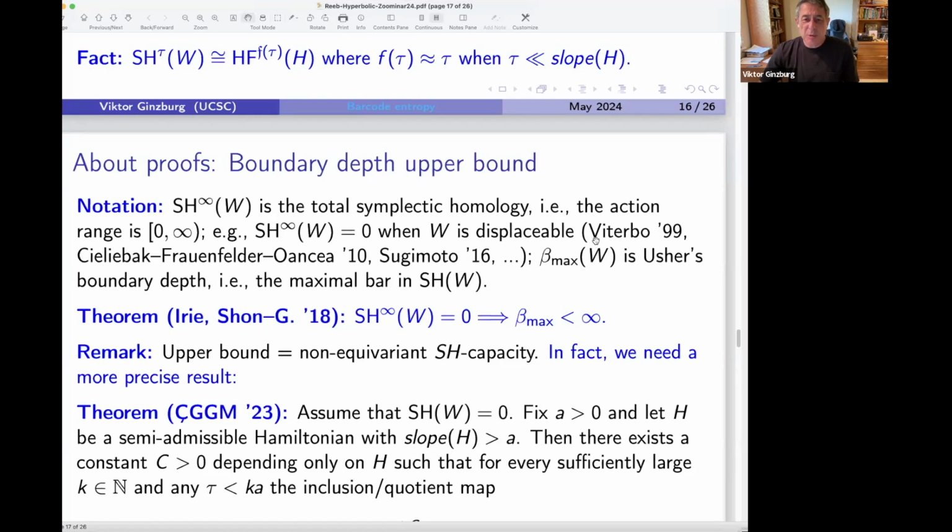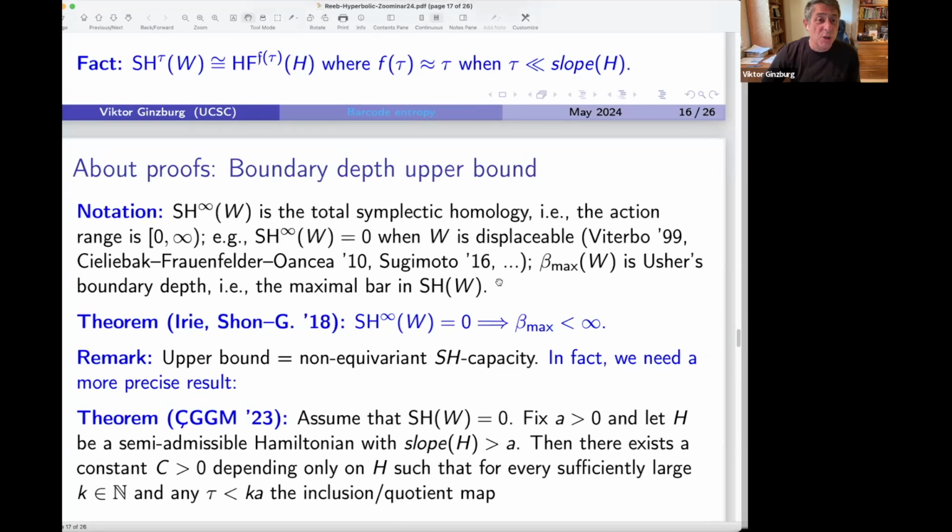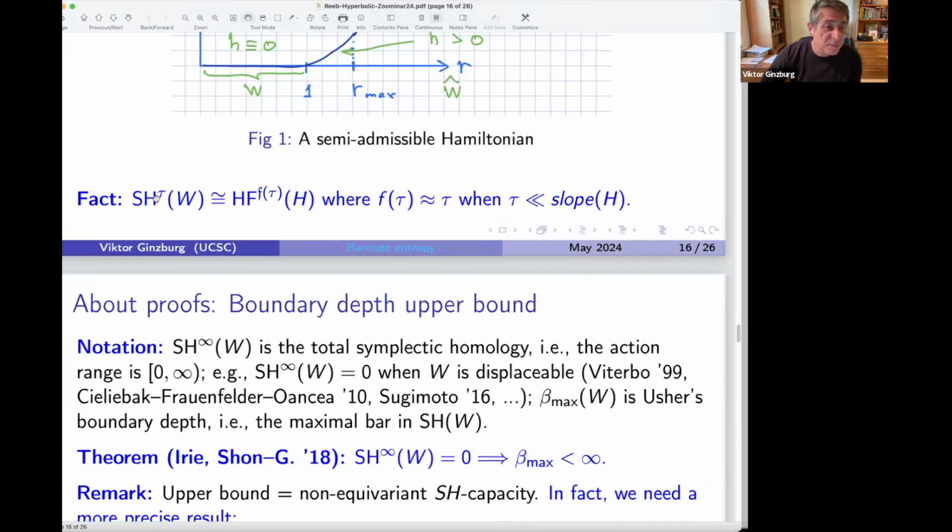Another ingredient we will need here is the boundary depth, the longest, the biggest bar in the persistence module. It was introduced by Usher, and it's useful to keep in mind that the longest bar can actually be infinite in this case, just because the range of actions here is unbounded from above.